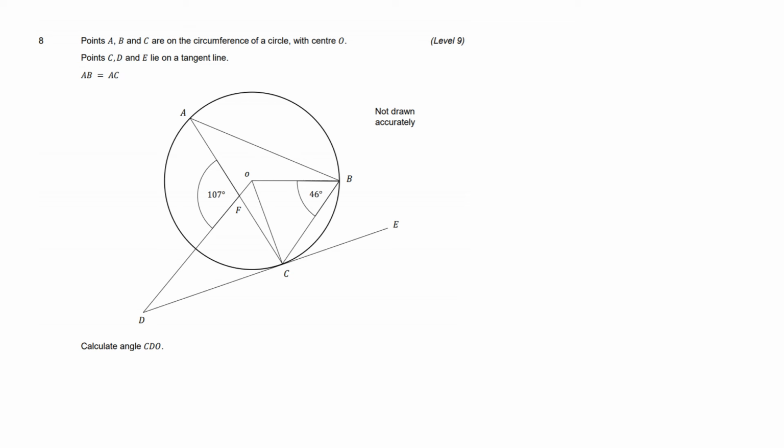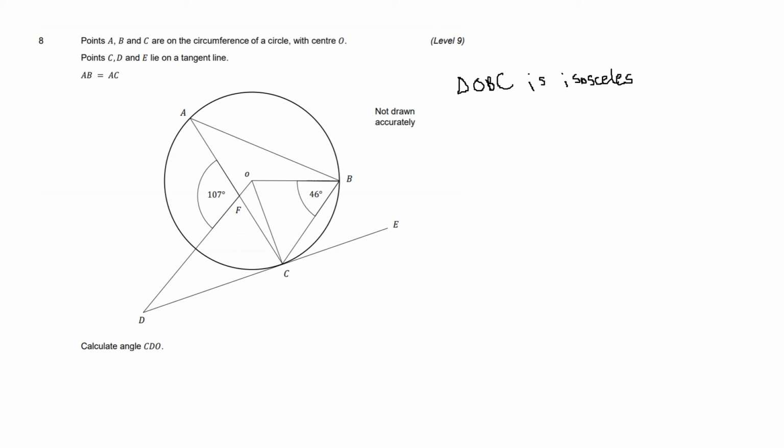So I'm actually going to go through this one properly and write down my reasoning. So I'm going to start off by looking at this triangle here, OBC, and I'm going to say that triangle OBC is isosceles. And I know that because OC and OB are both radii of a circle, and a triangle formed from two radii will always be isosceles.